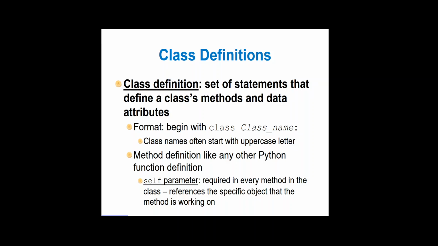So the data, the attributes that the class has, and the methods operating on the data or the attributes. Once we create the header line, we can call this one a header line. Then we go to the scope where we have the private data or the attributes, and then the methods.